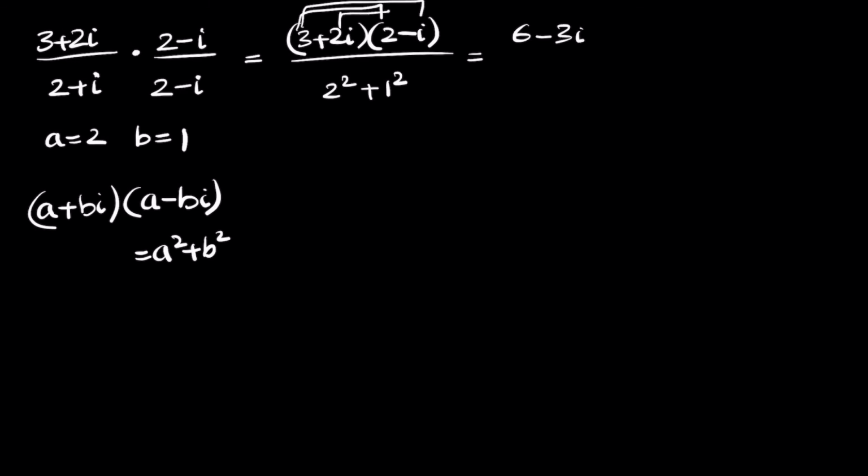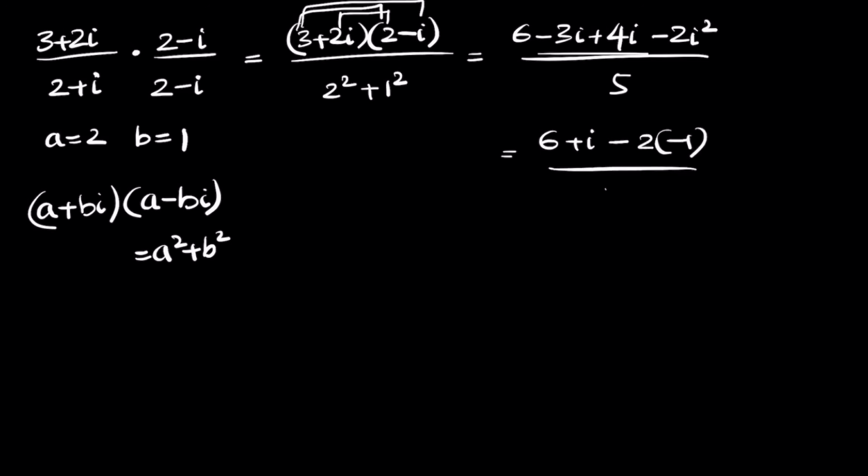So when you want to multiply, 3 times 2 is 6, plus outer terms are 3 times minus i, which is minus 3i. Next, 2i times 2 is 4i. 2i times minus i is plus 2, so minus 2i square, by 2 square plus 1 square, which is 5. So 4i minus 3i is 1i. So 6 plus i minus 2 into minus 1 by 5.